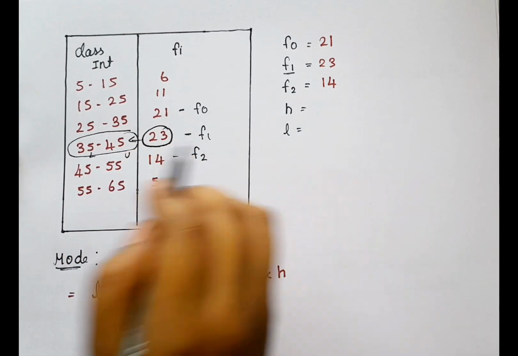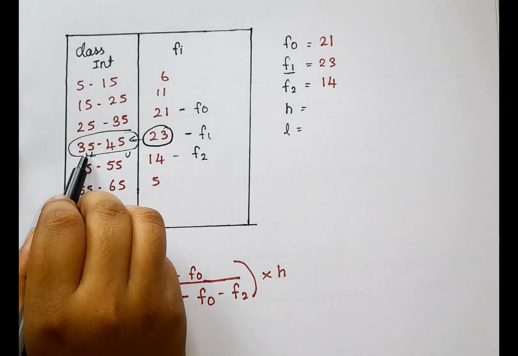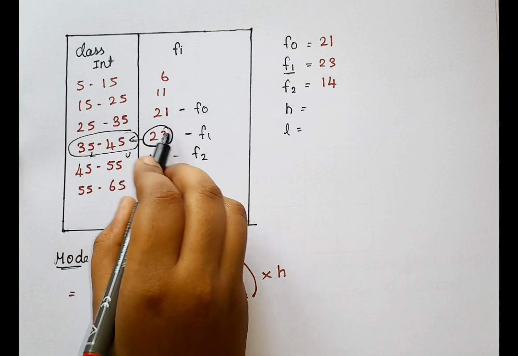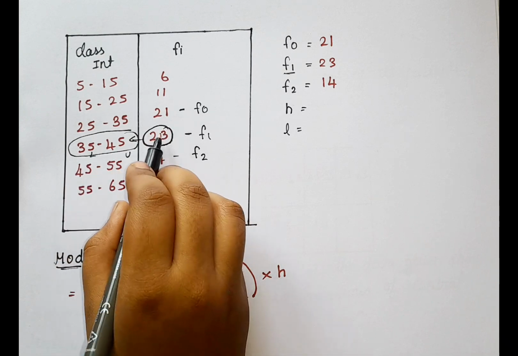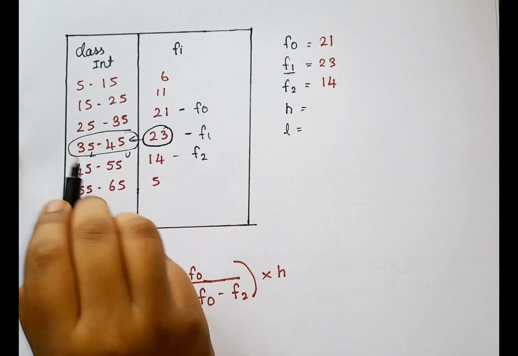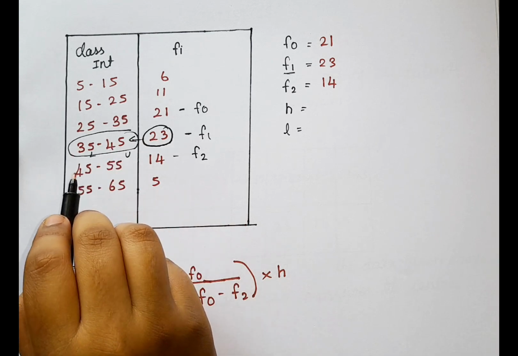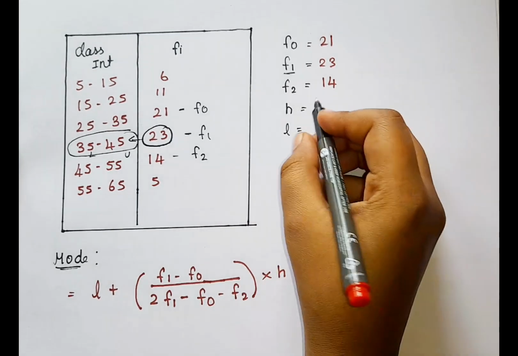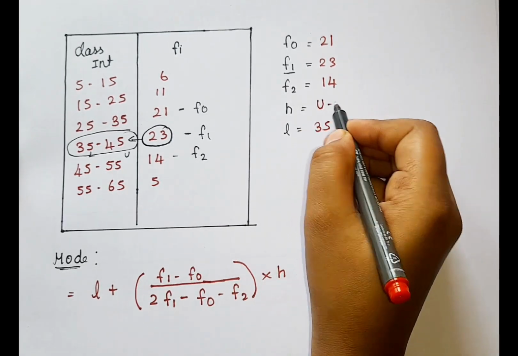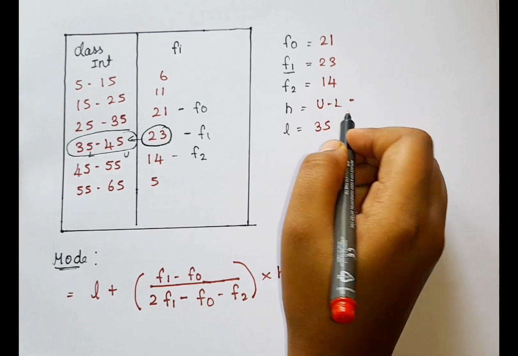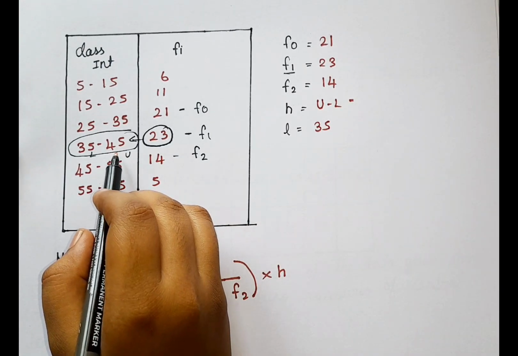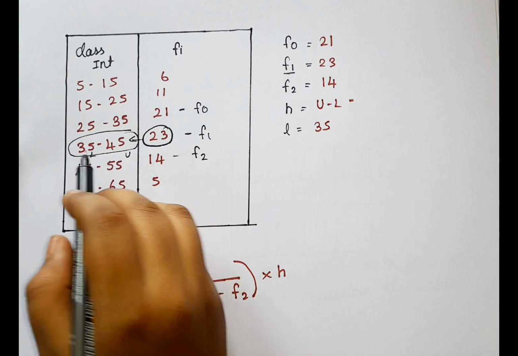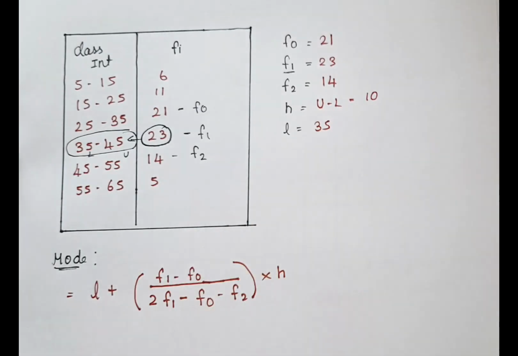L means the lower limit, so here the lower limit is 35. We check only the row with the maximum frequency, 23, and in that class we take the lower limit, so L is 35. Now how to find the H value? It is pretty easy: upper limit minus lower limit gives the H value. Here the upper limit is 45 and the lower limit is 35, so 45 minus 35 is 10. The H value is 10.